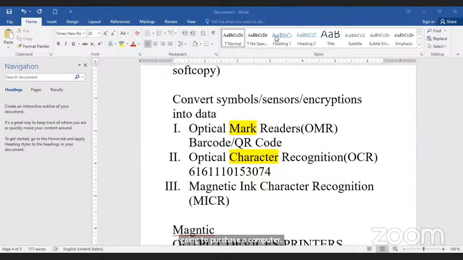Currently I'm using a laptop called HP. This HP has a 15-inch screen, has a 1 year warranty, and the price is 60,000.